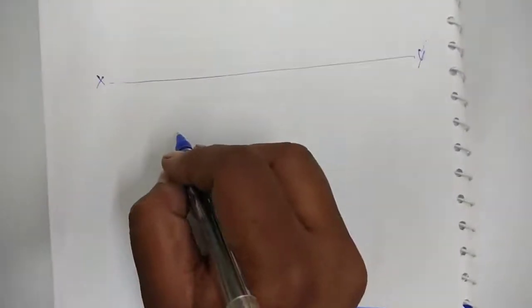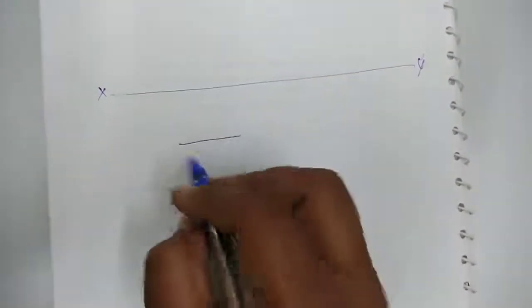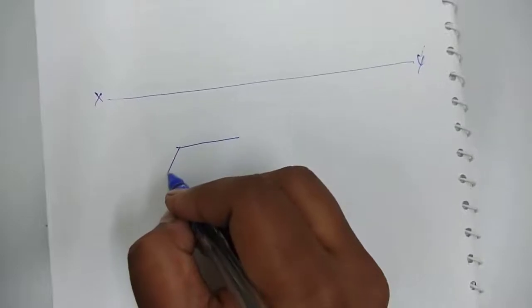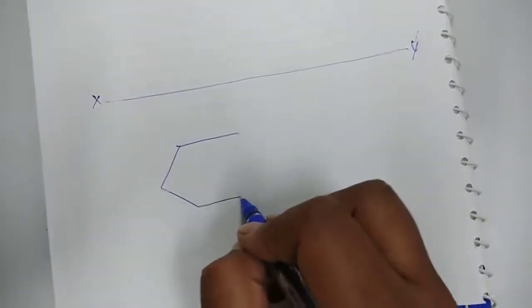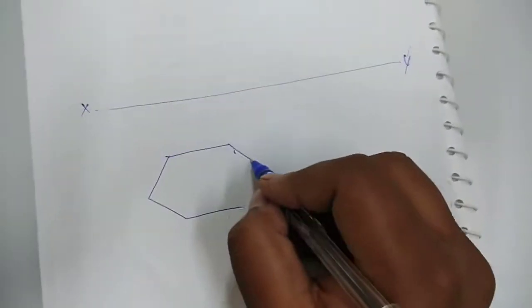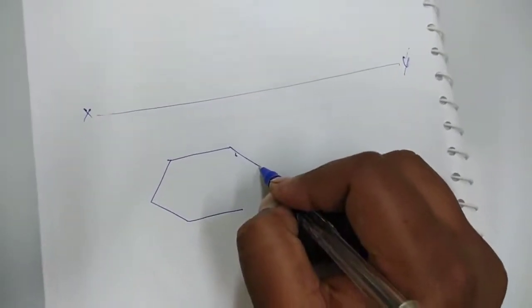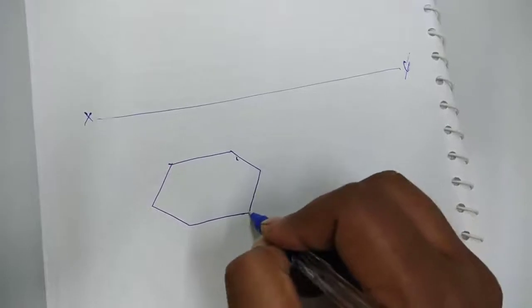So we are going to make this like this. So this will be your hexagon.